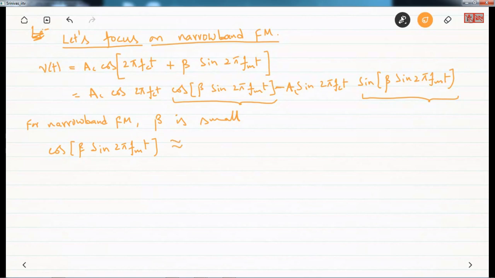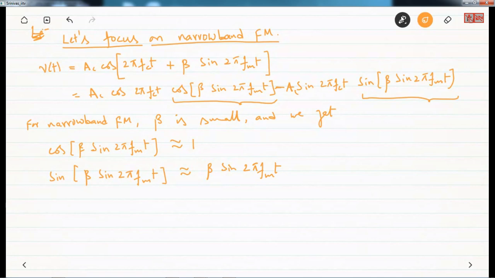When theta is small, cos theta is almost equal to 1, and sine theta is approximately equal to theta, right?